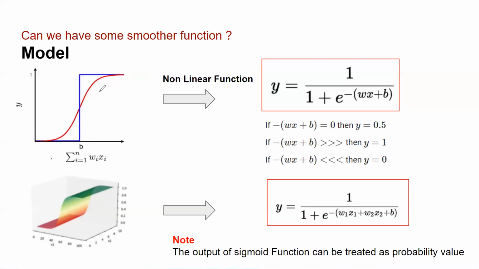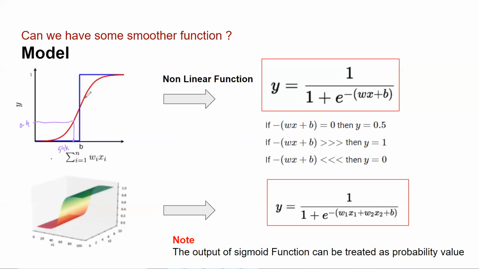What this red line function is showing is that if somebody is having an income like 54K, then corresponding to this 54K, I'll have some value here in Y. If this is 1, then this will be something around 0.4.